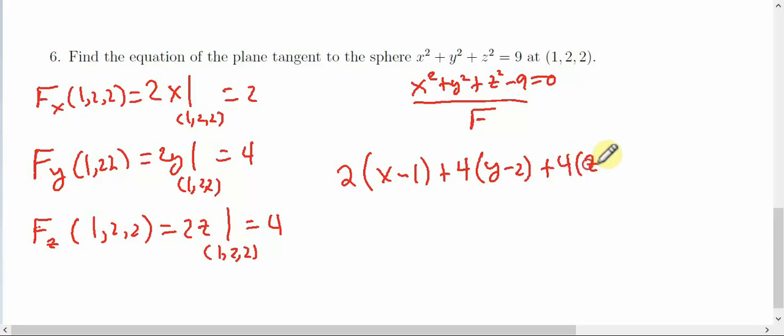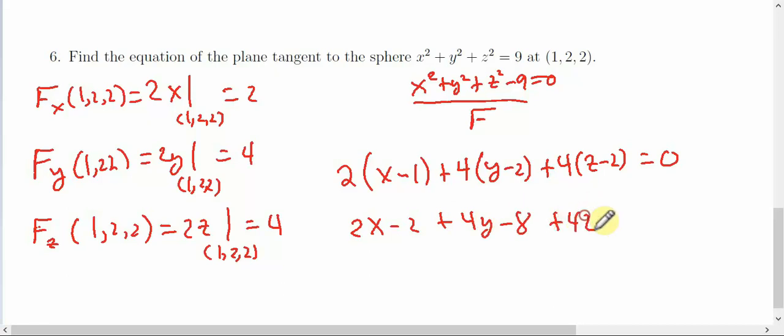And z minus the z coordinate. And then you multiply all this out and you get 2x minus 2 plus 4y minus 8 plus 4z minus 8 equals 0. And so combining these, it's 16, 18, and bring it to the other side. I'll have 2x plus 4y plus 4z equal 18.